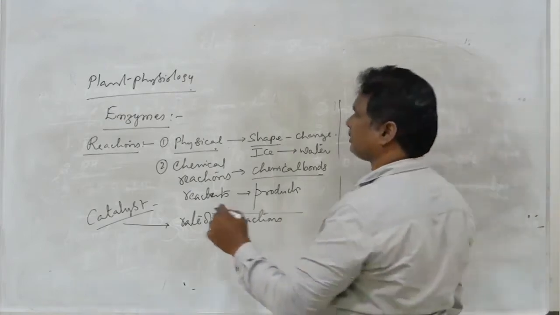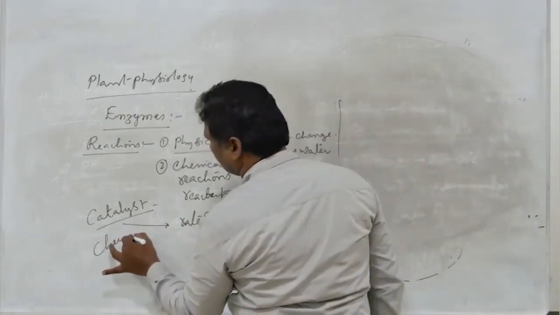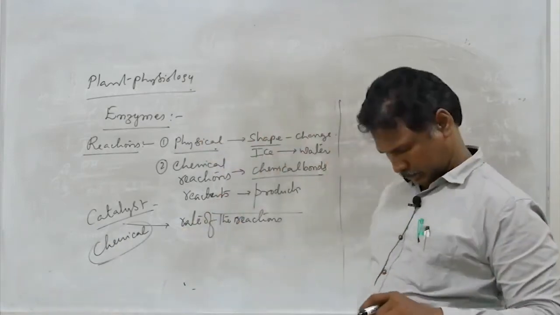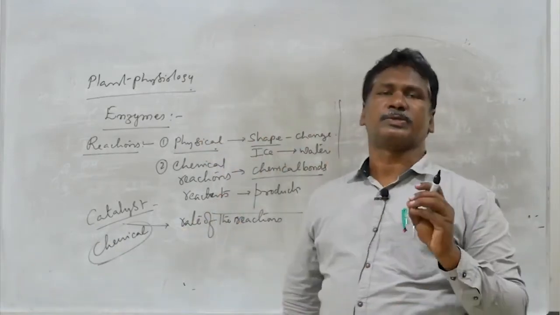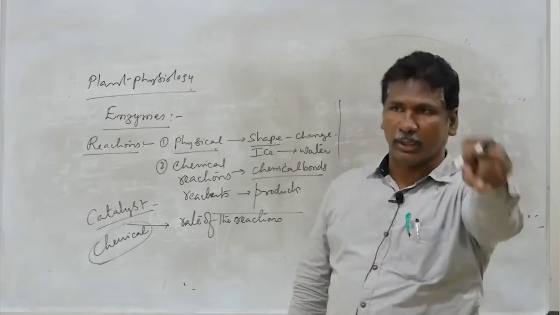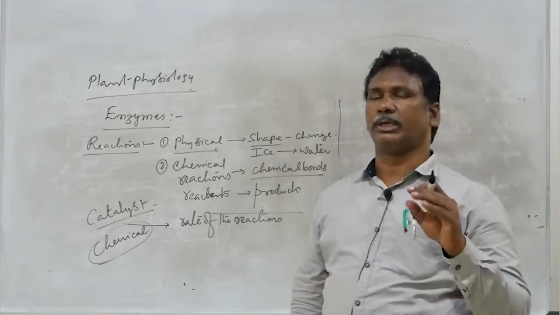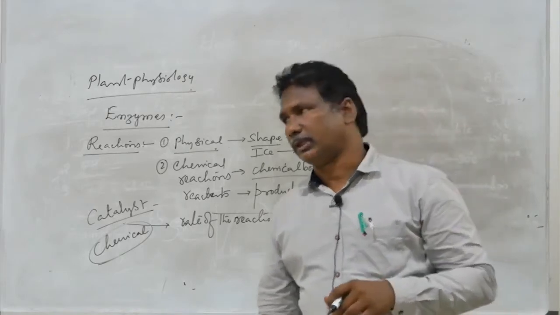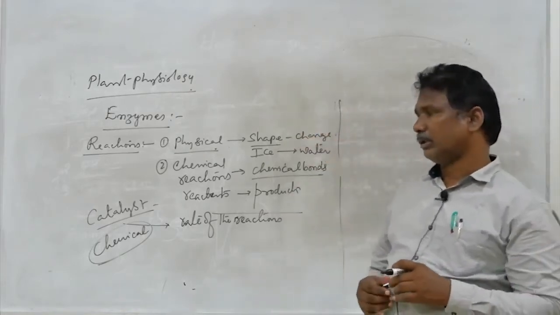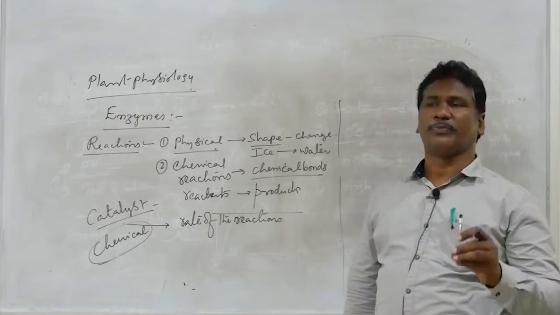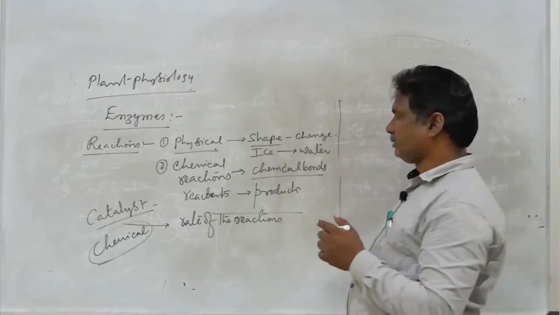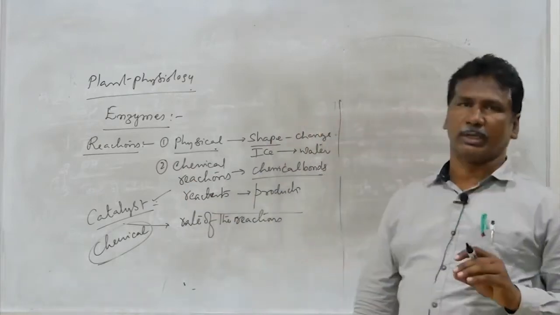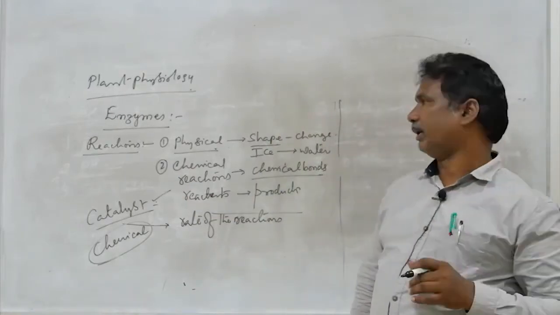It does not get involved in the chemical reaction, but can speed up the rate of reaction. That is called a catalyst. Those catalysts are involved in chemical reactions within the laboratory.